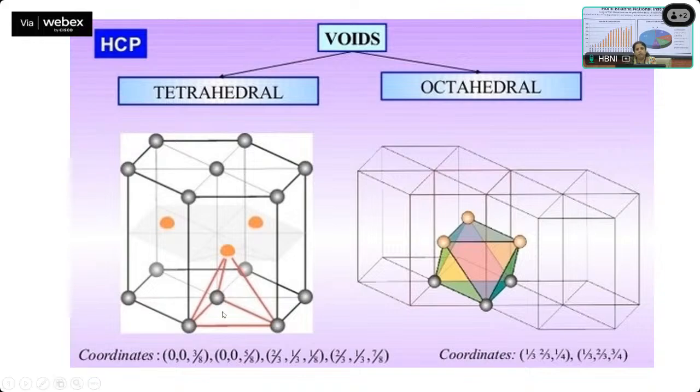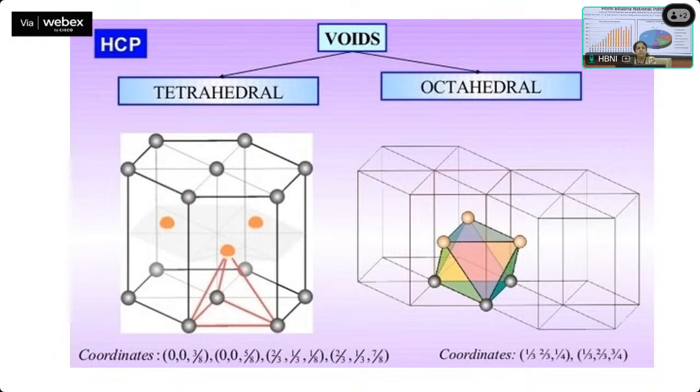So the coordinate of the tetrahedral void that lies in this tetrahedron is 2/3, 1/3, 1/8. Repeating it again, we are concentrating on this tetrahedron. The tetrahedral void will lie exactly below this point, which ensures that the x and y coordinates are similar to this lattice point, that is 2/3, 1/3.